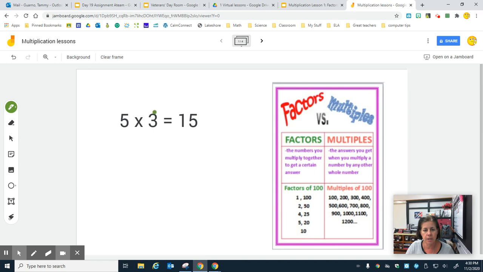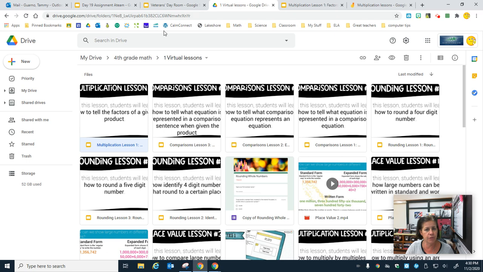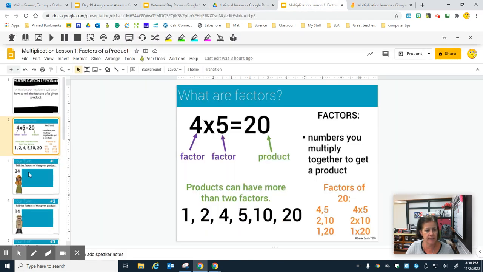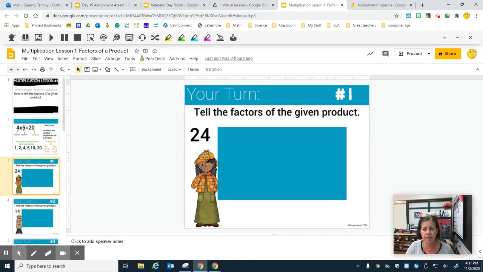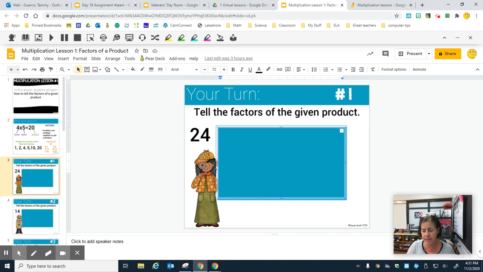Another thing to do is to look at here. 5 is the factor, 3 is the factor, and my product or my multiple is 15, okay? So today, what you're going to be doing for me is this. You're going to tell me all the factors of 24, which we just did. So that'll be easy going here.